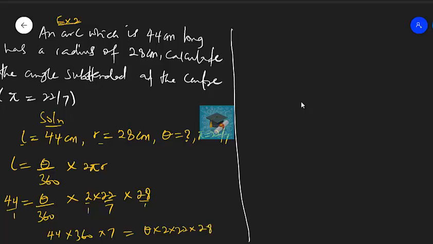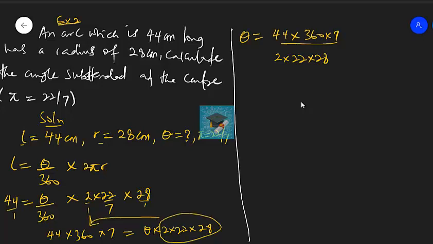So if you want to find the value of theta, you say theta is equal to 44 times 360 times 7 divided by 2 times 22 times 28, because you are bringing all of this to this place. So you divide both sides by this, and that's how you get your theta. In this case, you should get a value of 90 degrees. So the value of your theta is 90 degrees.